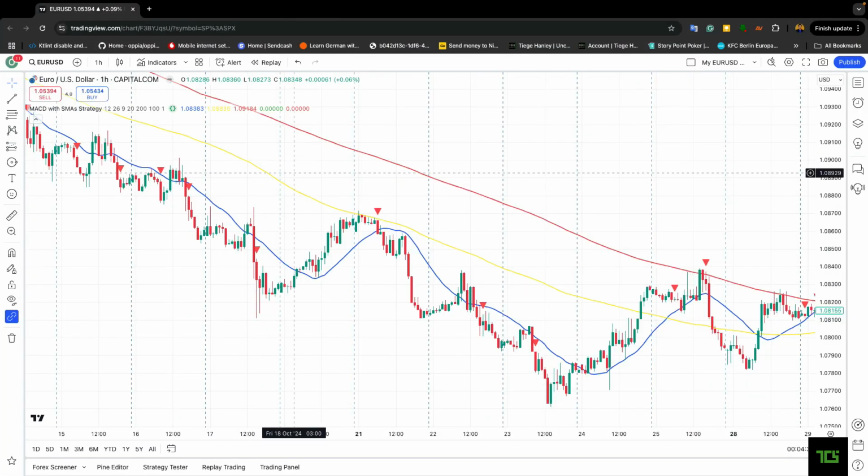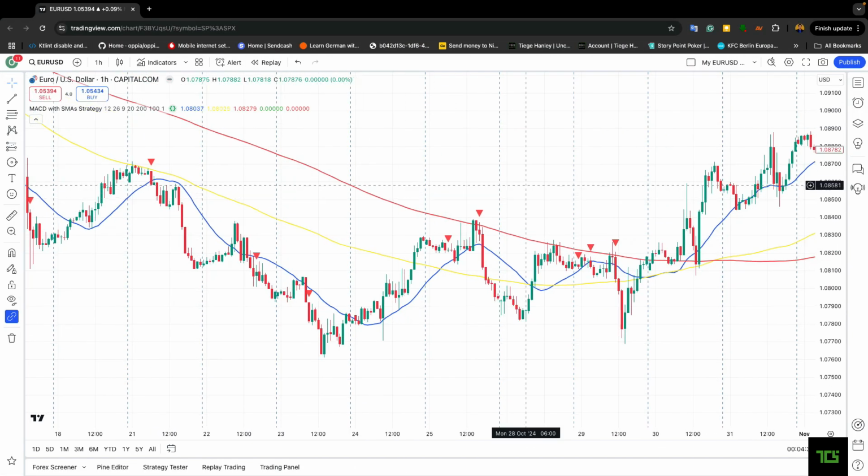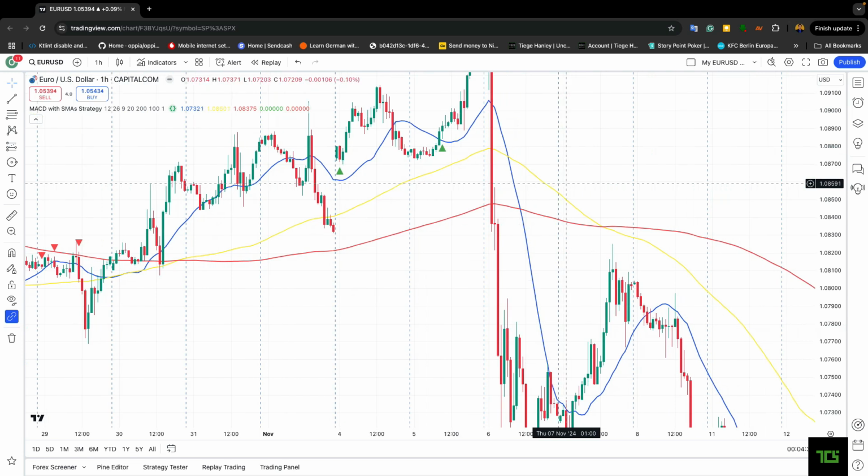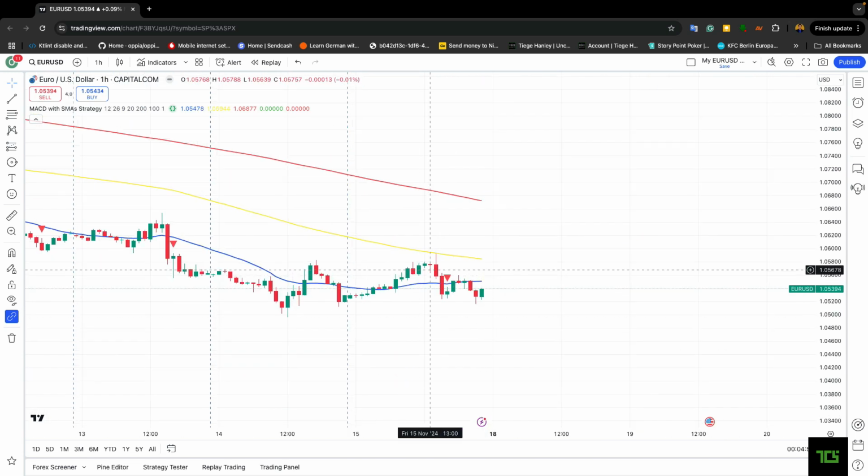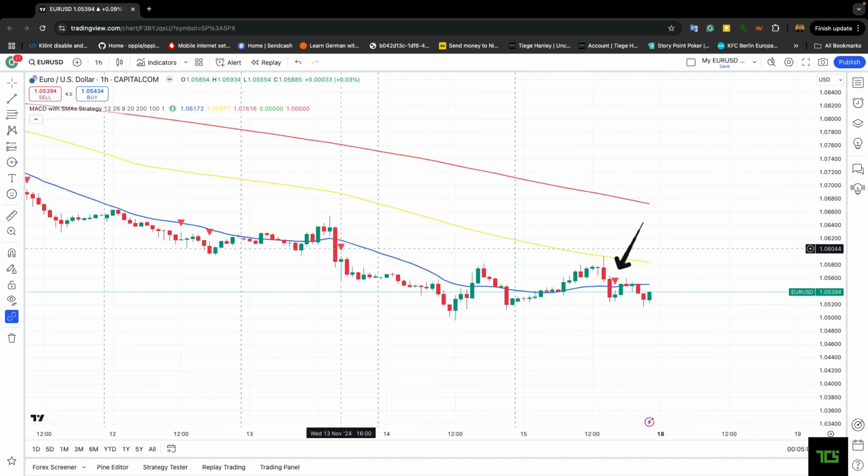So this is the indicator we're going to write, and these are the signals. I'll show you what happened today, right? Today I got a sell signal here. I got a sell signal here on Wednesday, which is 2 days ago. If I had taken it over here, I would have made the profits over here.